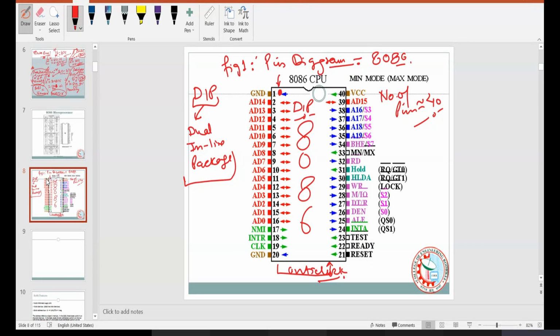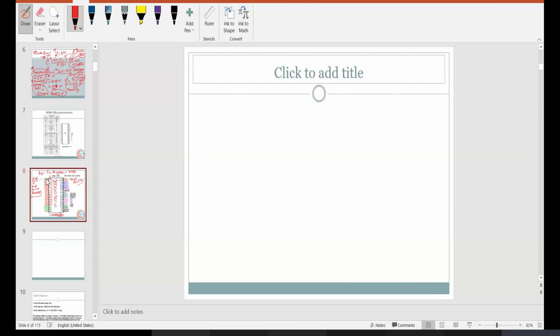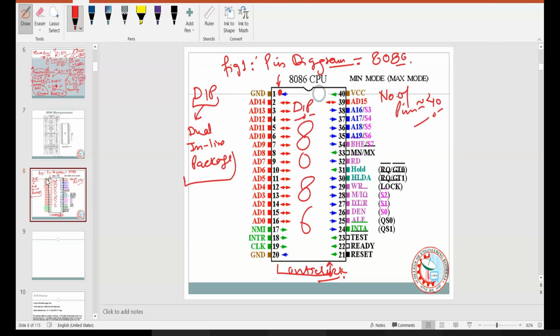All right, it was a very big circuit. Then the designers and the researchers tried reducing the structure, reducing the number of pins by adopting some strategies. All right, so in this case, the way you are watching pin number 40, there are a few things which are hidden inside. Fine, so let's discuss those hidden things first.